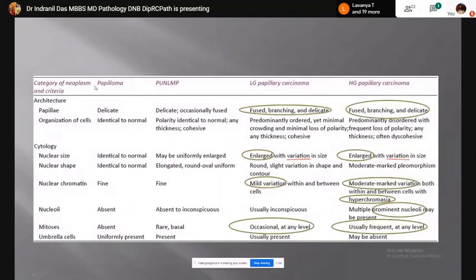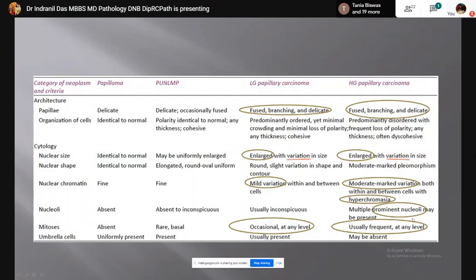Now, this chart is showing the difference between the different papillary urothelial lesions: papilloma, papillary urothelial neoplasm of low malignant potential, low-grade papillary carcinoma, and high-grade papillary carcinoma. In carcinoma, the papillae show fusion and branching, but in papilloma and papillary urothelial neoplasm of low malignant potential, the fusion is absent, and moreover, the polarity of the cells is maintained.